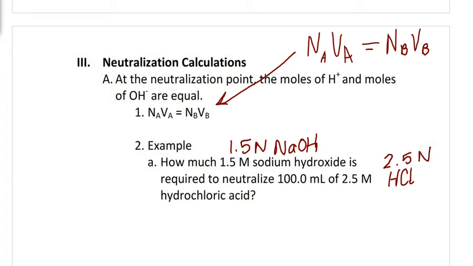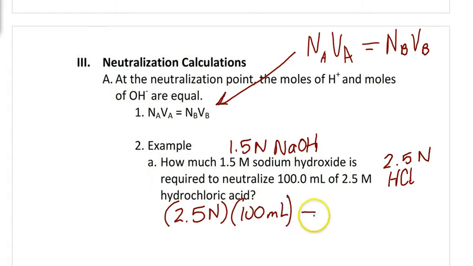No multiplication needed here. So we can just plug this into our equation, NaVa equals NbVb. Our acid, we have 2.5 normal of hydrochloric, and the volume is 100 milliliters. And that's going to equal the normality of the base, which is 1.5, times the volume of the base, which is what we're looking for.